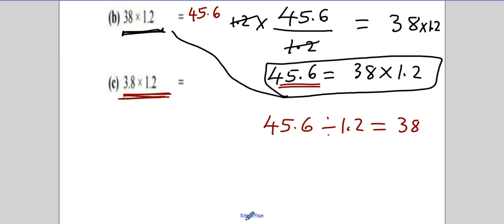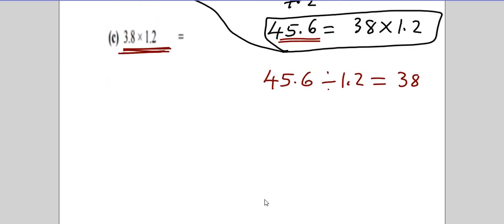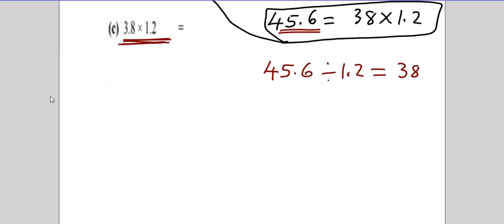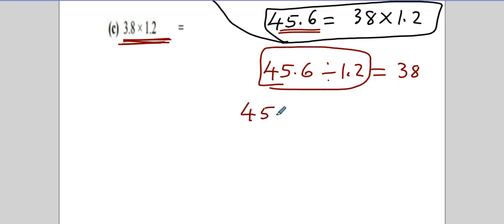Now what we do is write this as a fraction. This is 45.6 over 1.2 equals 38. Okay, so you can just write that 38 is a fraction, so keep it 38 over 1.